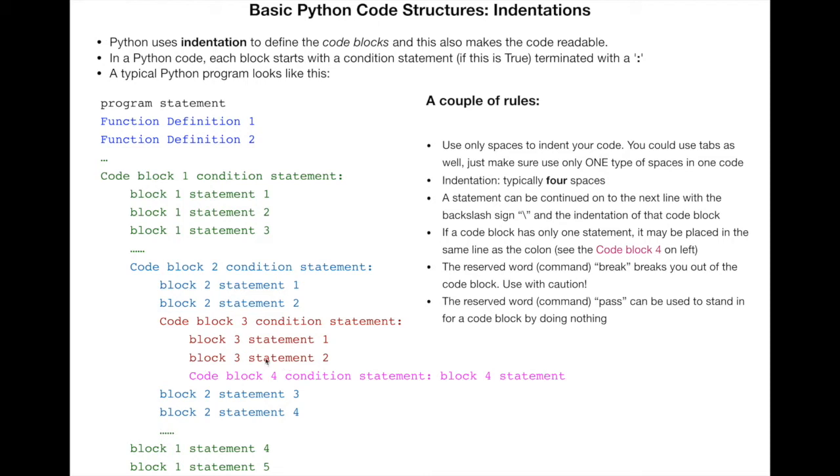For example, we have a break here. When it's done, it goes back to the next one. The reserved word pass can be used to stand in for a code block by doing nothing. For example, I want a placeholder for something, so I put in the word pass, which means the code just passes through that line of the code block, but does not do anything.